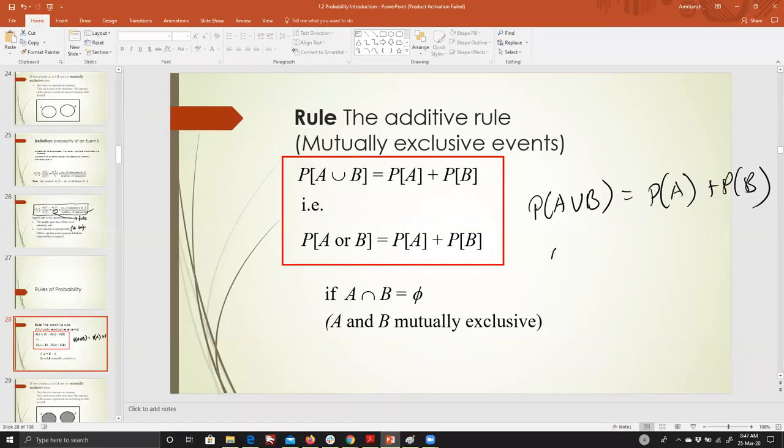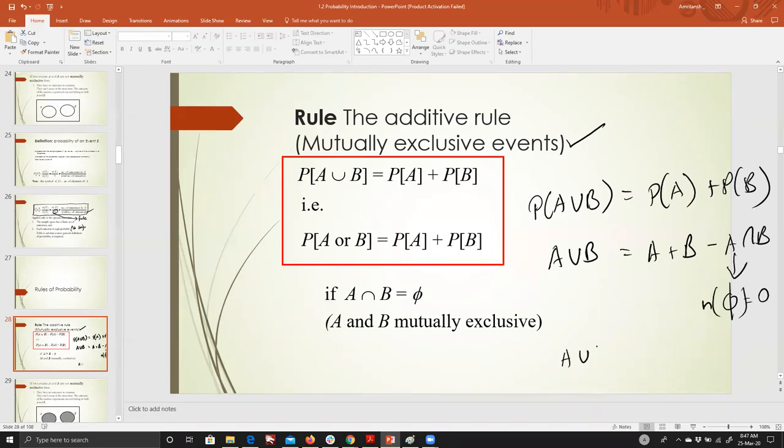Because you can remove the probability right now and talk in terms of A plus B minus A intersection B. But A intersection B happens to be null if it is a mutually exclusive event, or zero. N of phi is zero. So it is probability of A plus probability of B, because the rest of the part is zero.